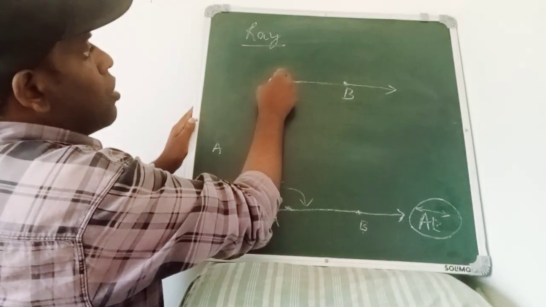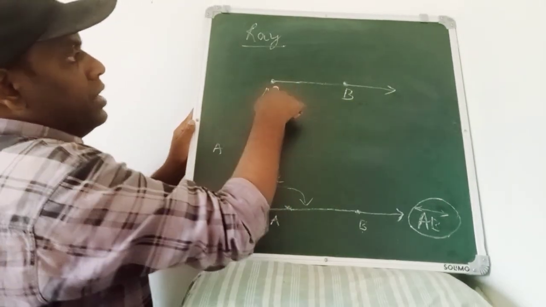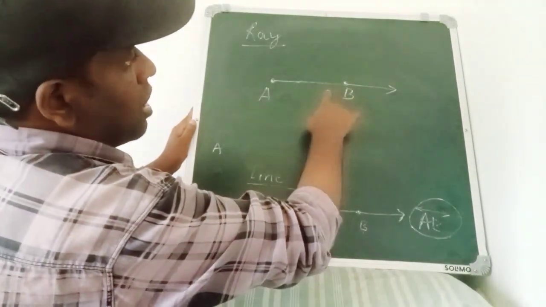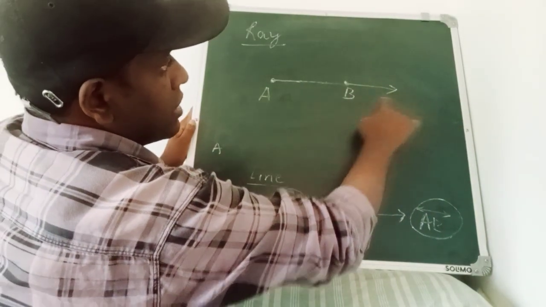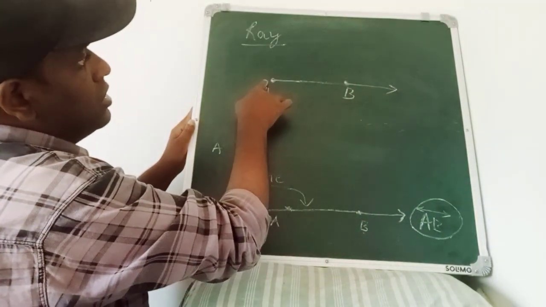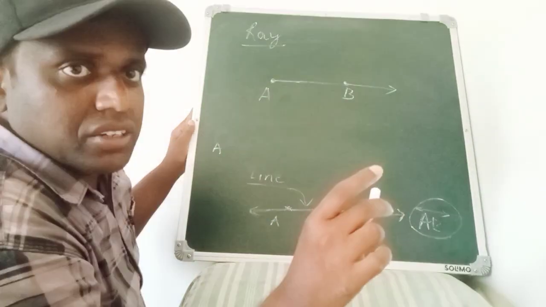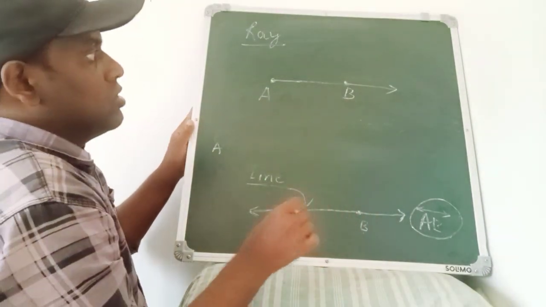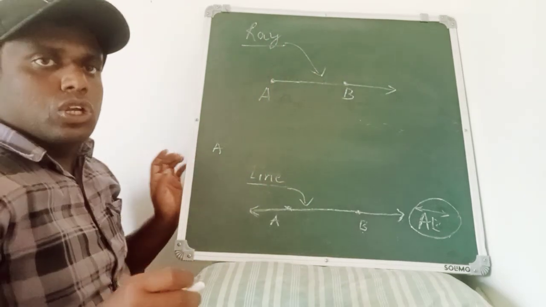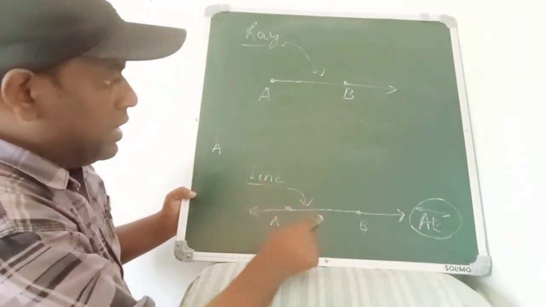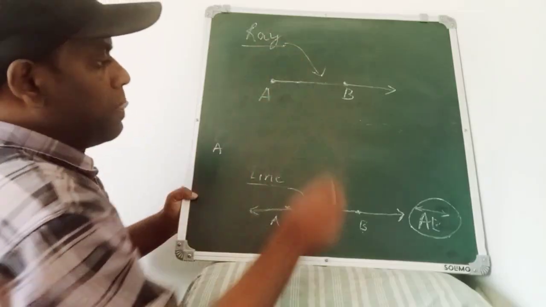This is the starting point. It is extending only in one direction, in this direction. In this direction it is not extending. Now this is called a ray. What is the difference between this line and this ray?